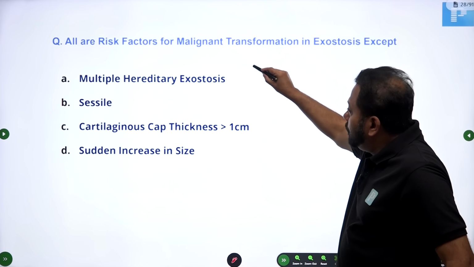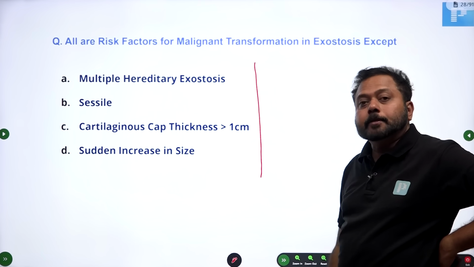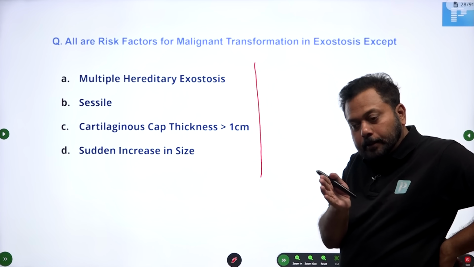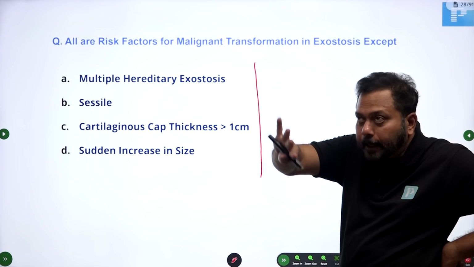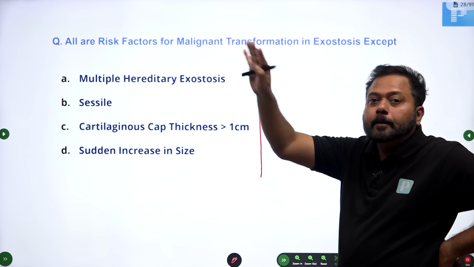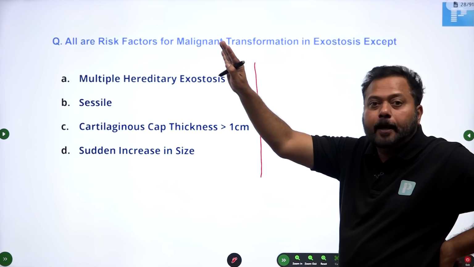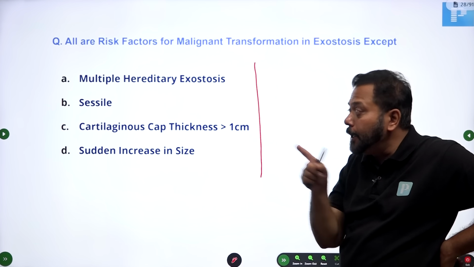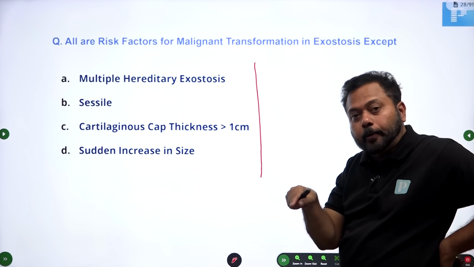This exostosis is a favorite area of FMGE. So far they had asked the other areas. Exostosis arises from metaphysis. Exostosis happens in puberty. Treatment of choice for exostosis. They had asked this. But this is so far unasked in FMGE. This may be the future this year question.